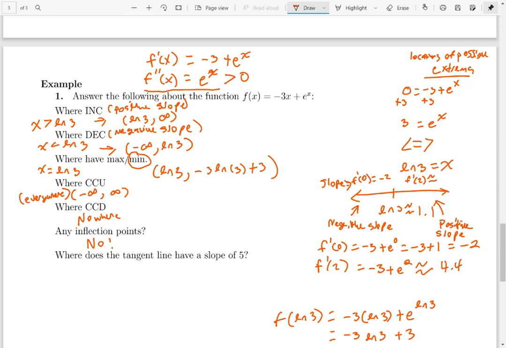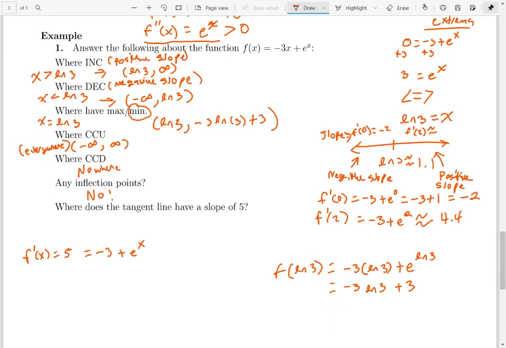No inflection points. Well, then we want to know, where does the tangent line have a slope of 5? So specifically, what are we going to do? We're going to set our first derivative, f prime of x, equal to 5. That means 5 is equal to negative 3 plus e to the x. If I want to know where this has a tangent line with a slope of 5, I solve this equation.